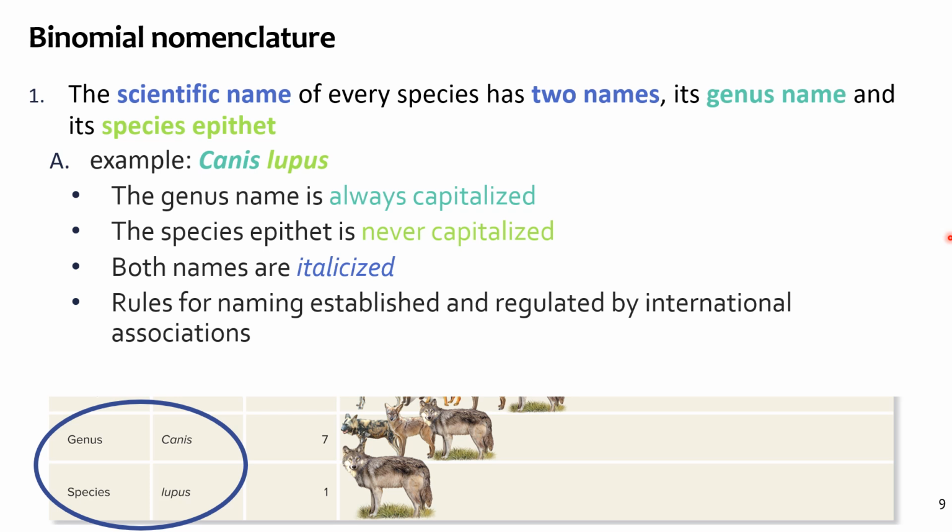And the reason that it's regulated is just consistency. So we know that if we're talking about Canis lupus, you and I are talking about the same organism, that we don't have two named Canis lupus, or that we don't have one named Canis lupus when we're really talking about one that has another name as well. So it's just all about consistency.